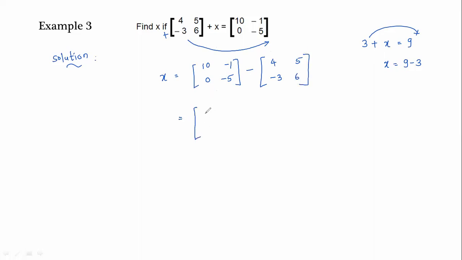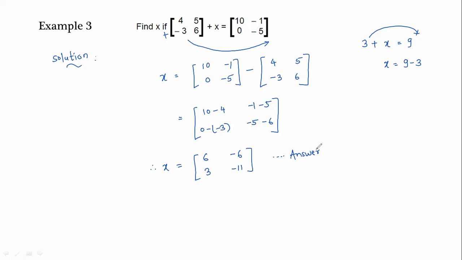Same as addition. It will be 10 minus 4, minus 1 minus 5, 0 minus of minus 3, minus 5 minus 6. 10 minus 4, 6. This will be minus 6. 0 plus 3, 3, and minus 5 minus 6, minus 11. This is your answer.